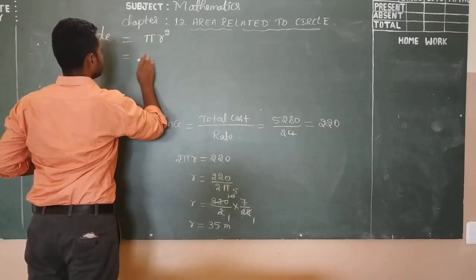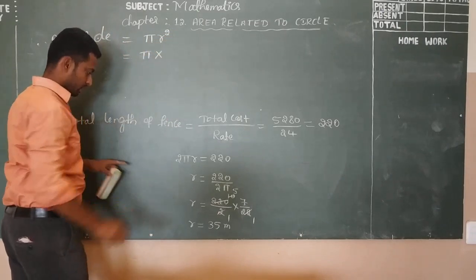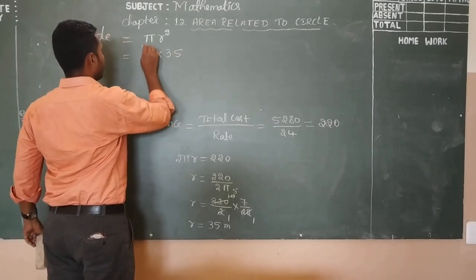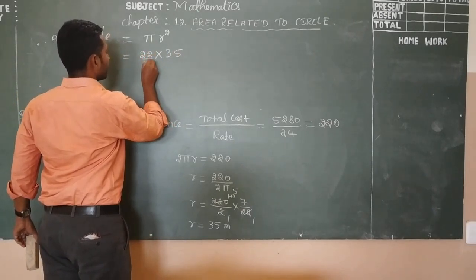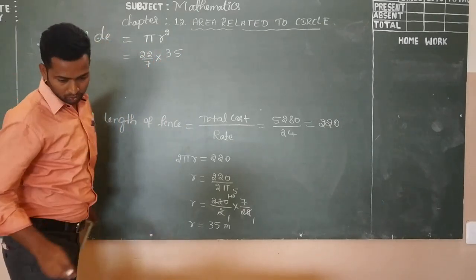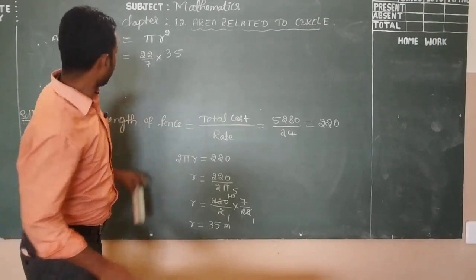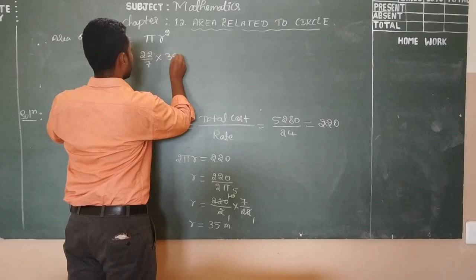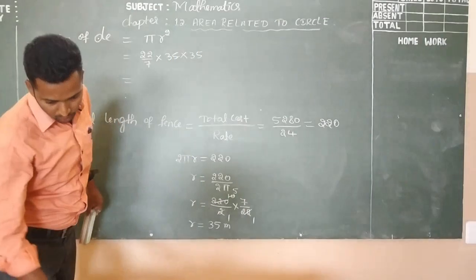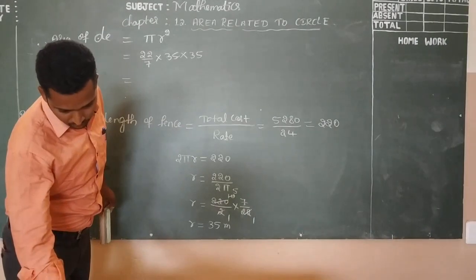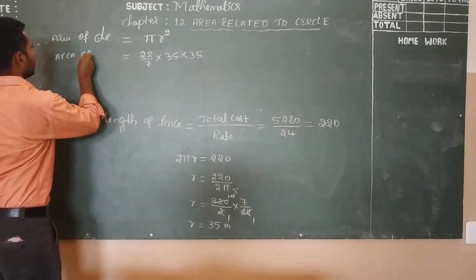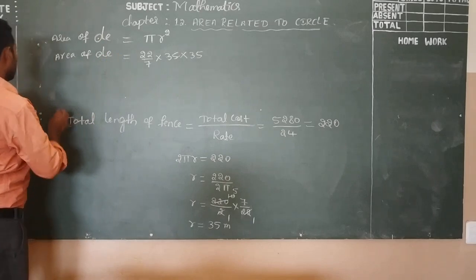Pi is 22 by 7, and r square is the radius 35 into 35. This is the area of the circle.